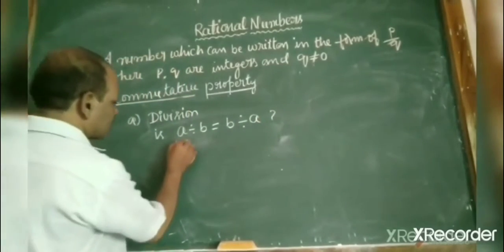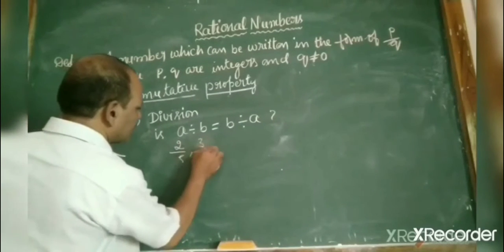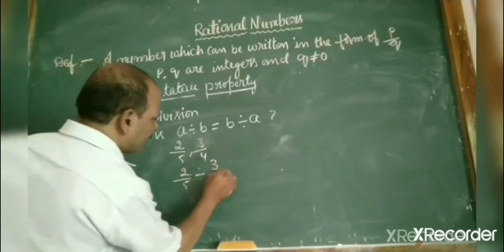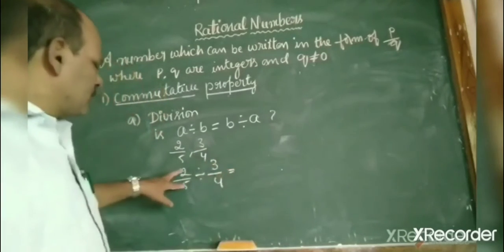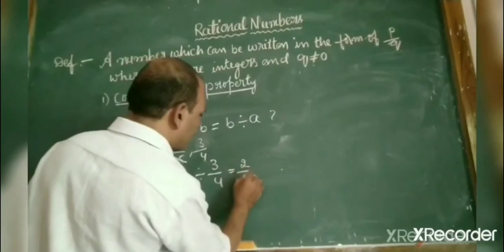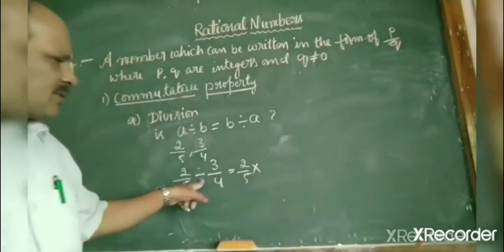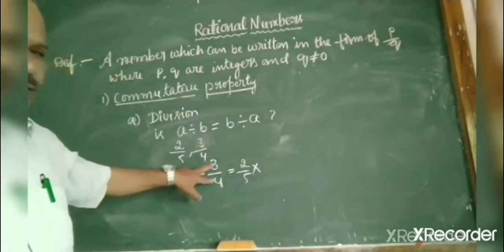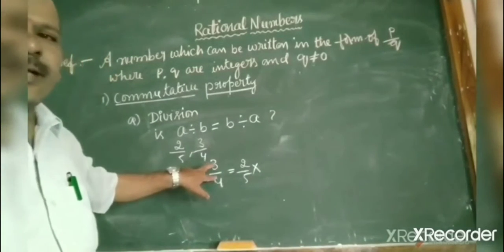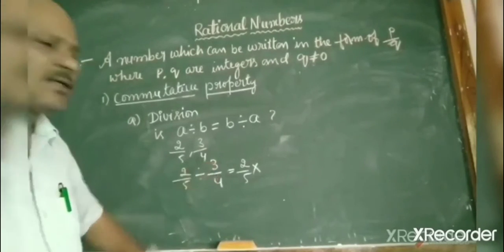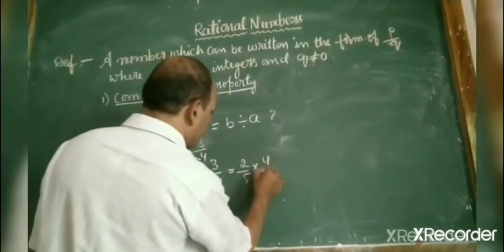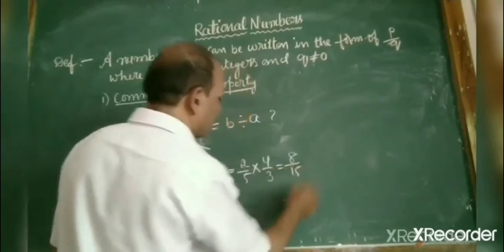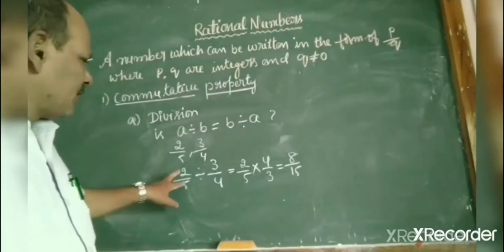I am taking the numbers 2 by 5 and 3 by 4. 2 by 5 divided by 3 by 4 is equal to 2 by 5, the divide symbol changing into the multiplication symbol, then the next fraction becomes its reciprocal. I write the reciprocal of the next number, that is 4 by 3. 2 fours are 8, 5 threes are 15. 8 by 15 is the answer for A divided by B.